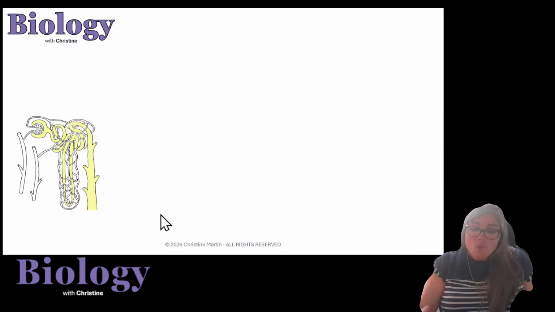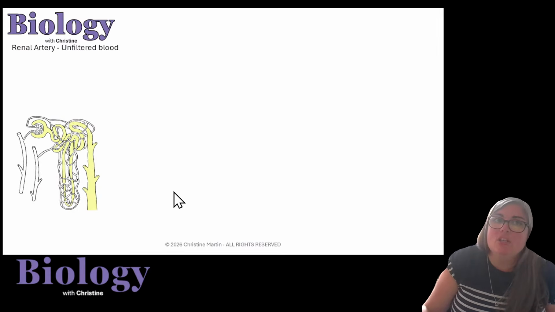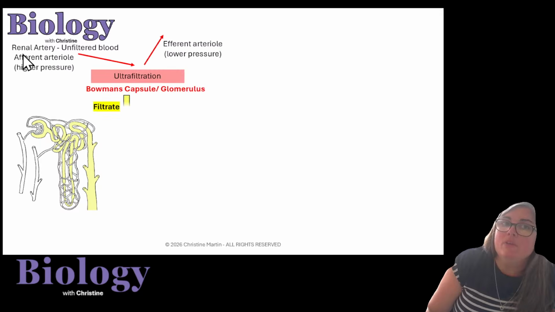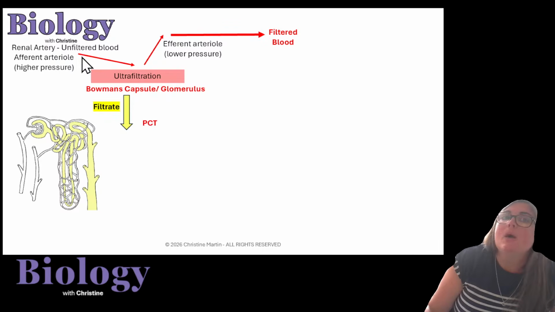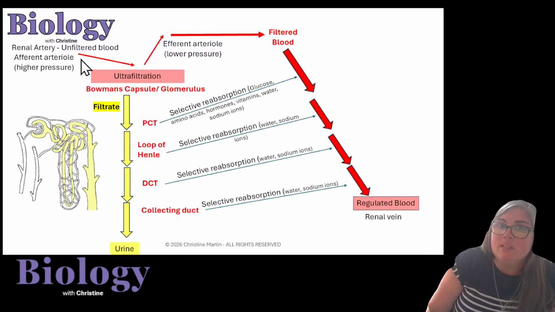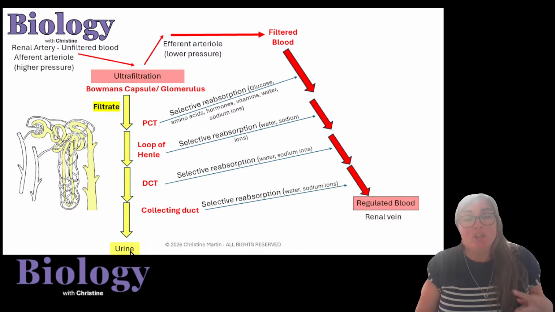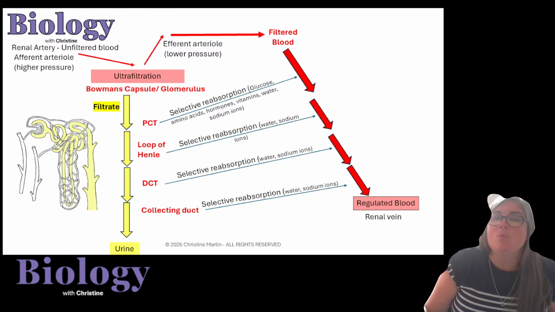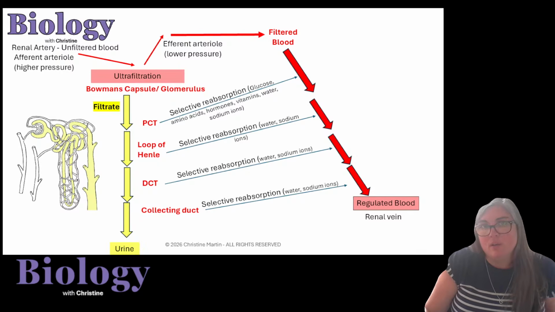So when we look at osmoregulation, when we look at the kidneys, we are talking about unfiltered blood being filtered, but we are going to selectively reabsorb at different points, and we are therefore going to produce urine, which we need to excrete with our nitrogenous waste, and we are going to regulate the blood which is leaving through the renal vein.